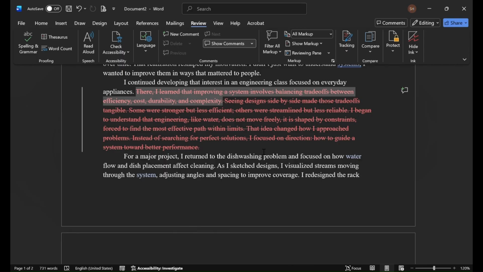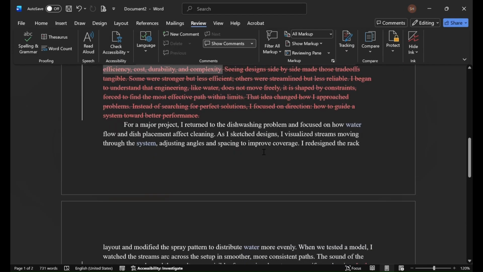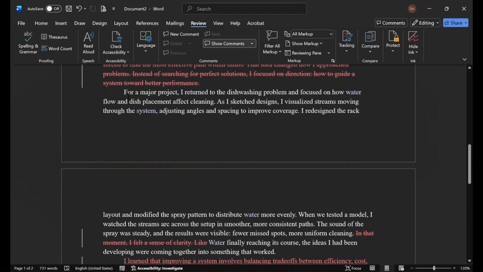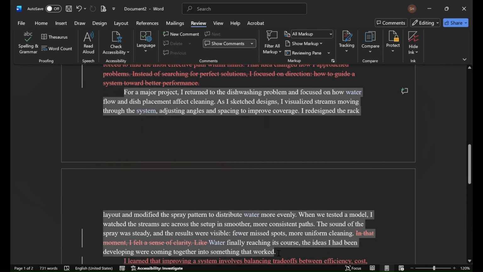And so that functions better if it follows a specific memory or instance that the student goes through. And so that's what we get here, right, a return to the dishwasher project in the class and a description of it. And so after that, we can talk about lessons taken away from it. So that's the big change.